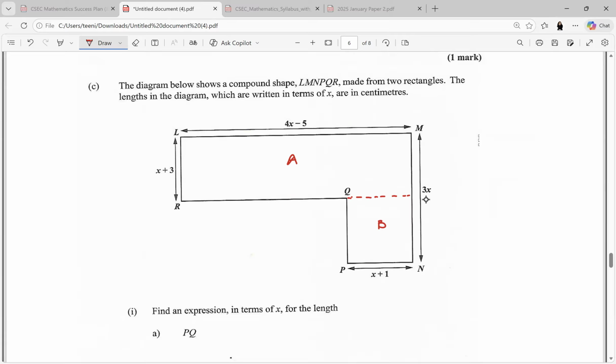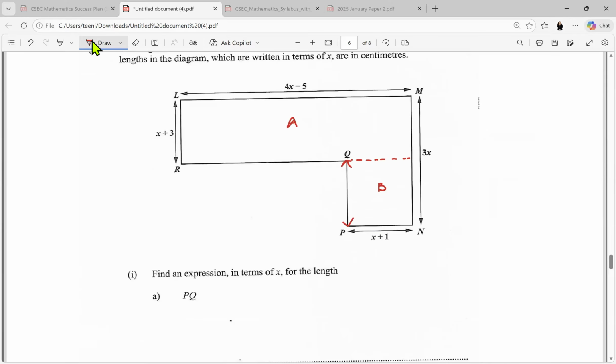So I have the entire length, from here straight up to this point is 3x. So if the entire length is 3x, then PQ would be the full 3x minus this piece up here, because x plus 3 plus whatever this part is makes up 3x. To find what that remaining part is, you would have to take away x plus 3 from 3x.